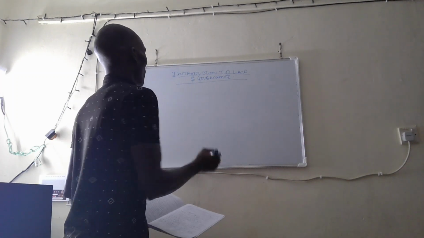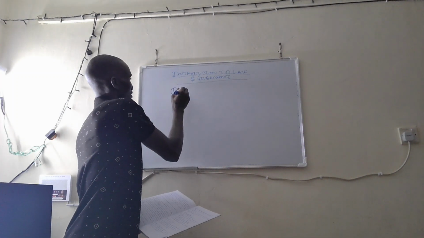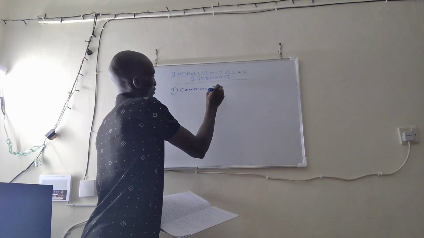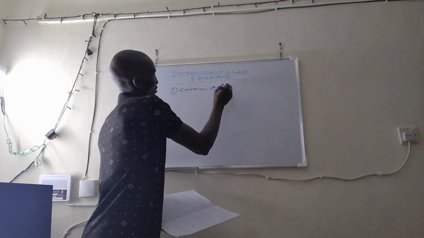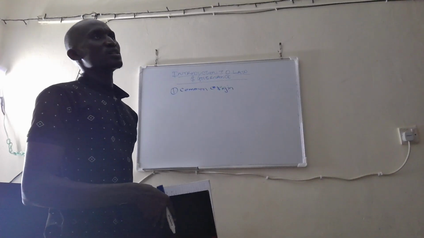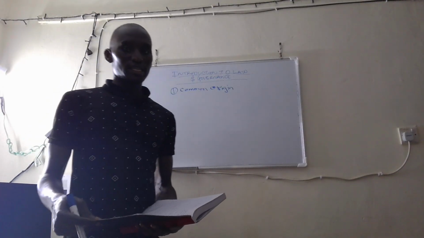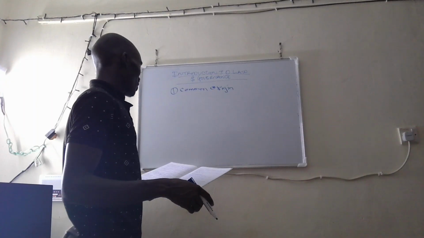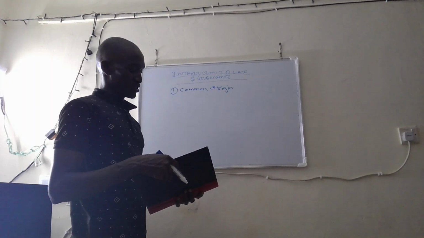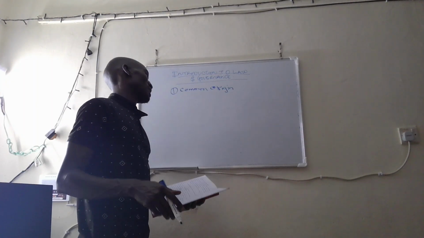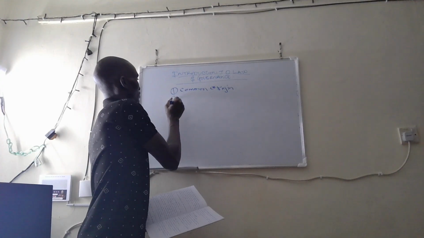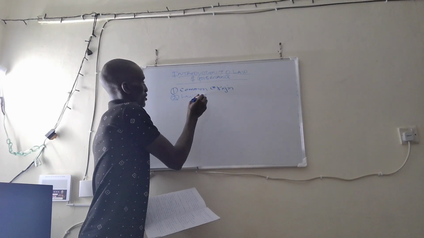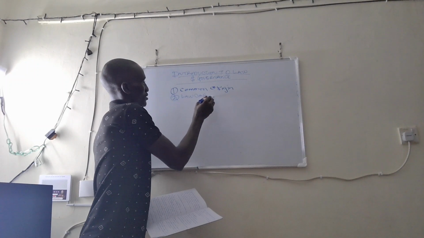They have a common origin. Number one is common origin. Both morals and laws originate from a society. Laws conform to morals, and morals are a test of law.